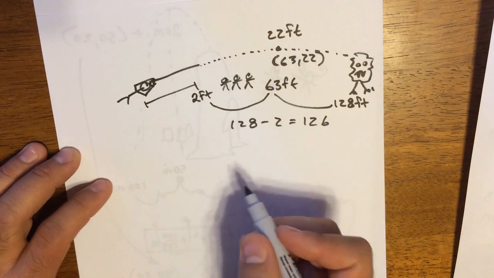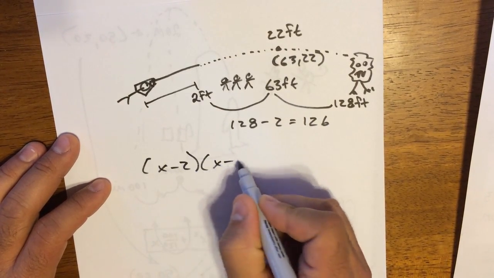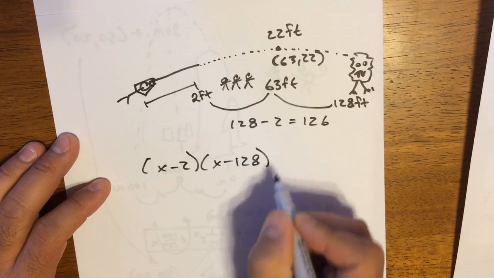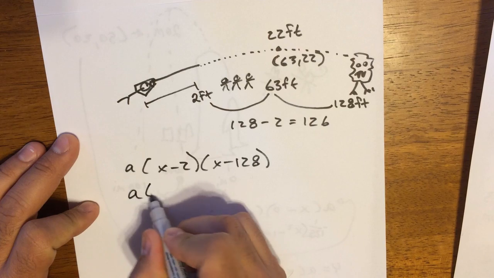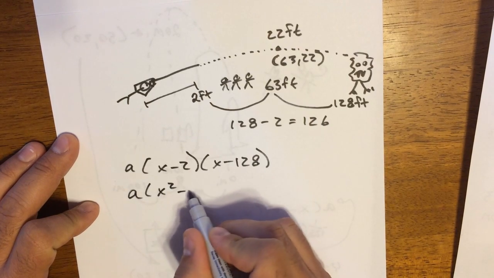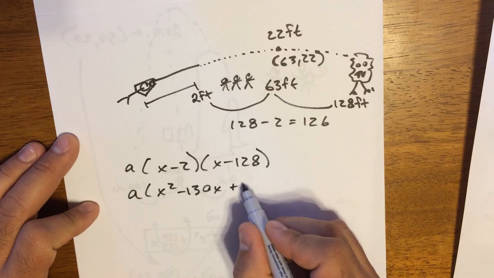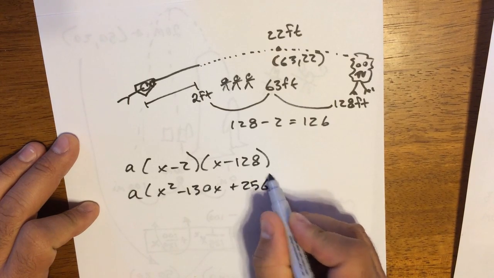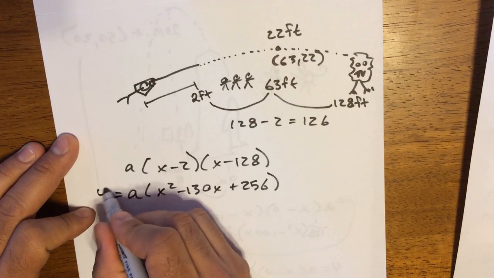Now he's going to go through the process again. So it's going to be x minus 2, x minus 128. And we have our a value in front. So a times x squared minus 130x plus 256. And now he needs to figure out what a is. Well, remember that this equals y.